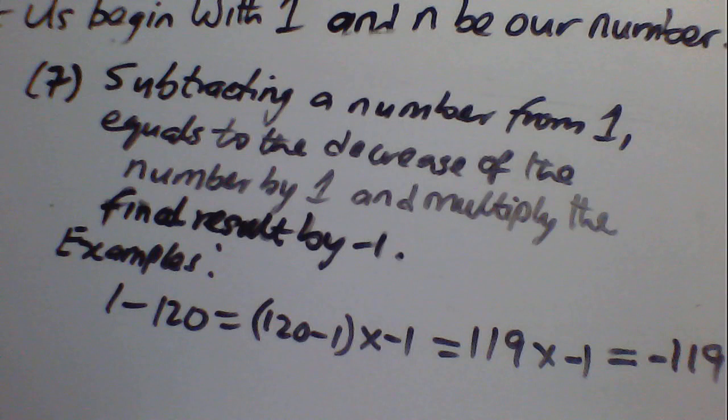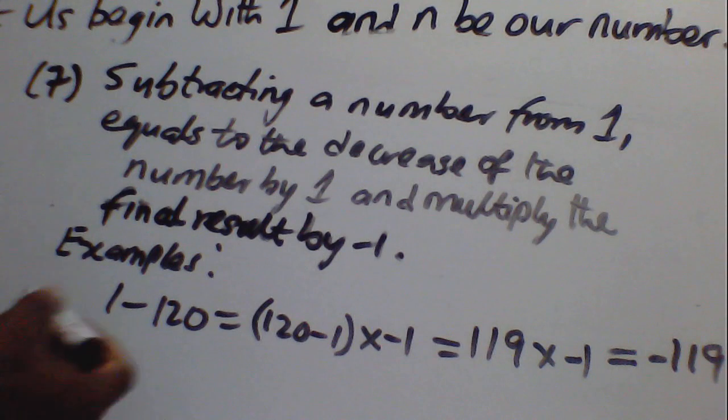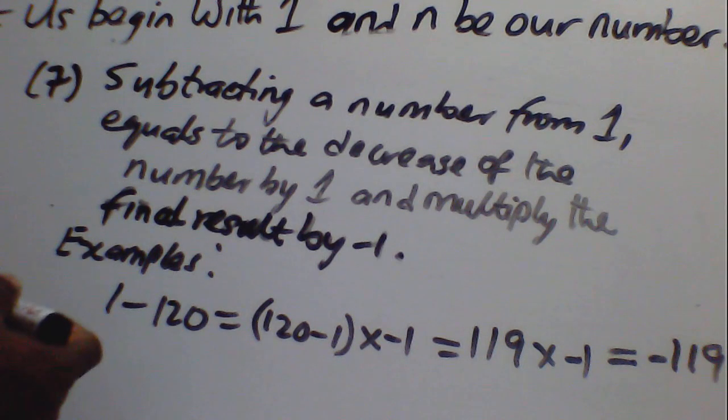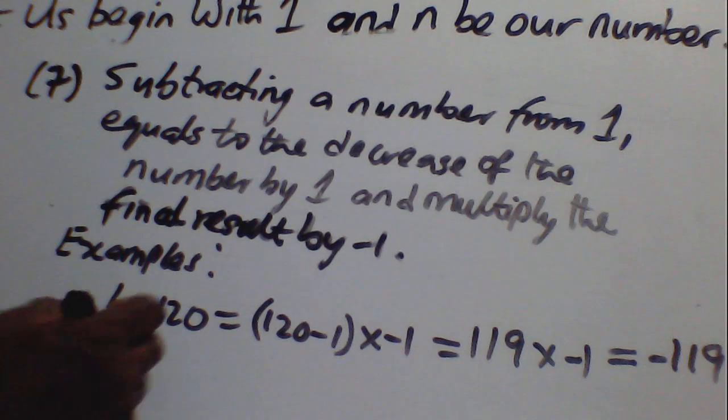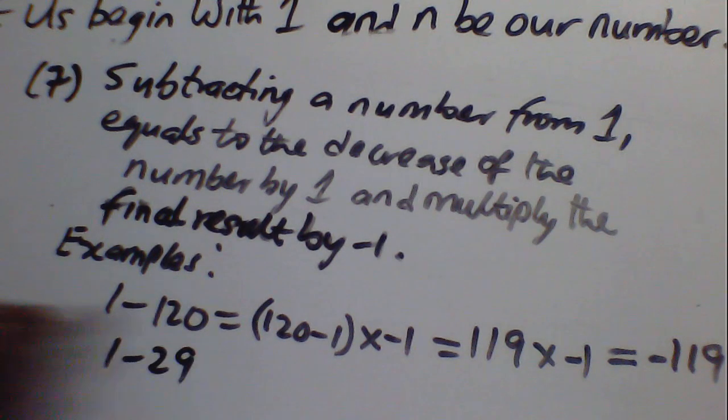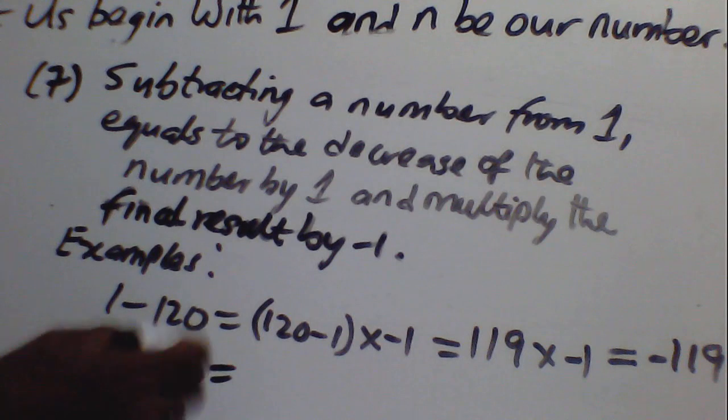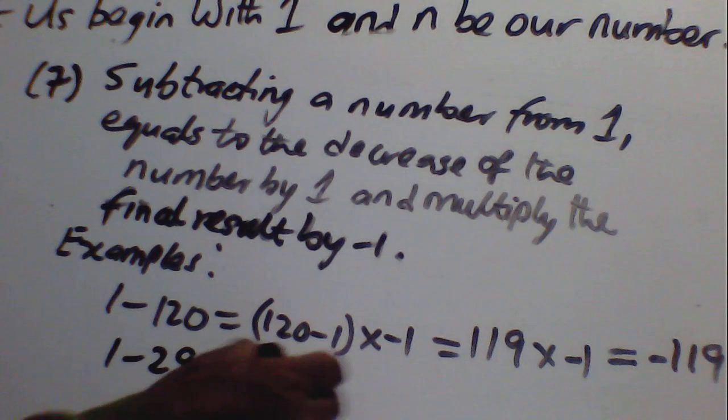Subtracting a number from 1, when your number is subtracted from 1, equals the decrease of the number by 1 and multiply the final result by minus 1. Look at another example. 1 minus 29 is the decrease of the number by 1, which is 29 minus 1.